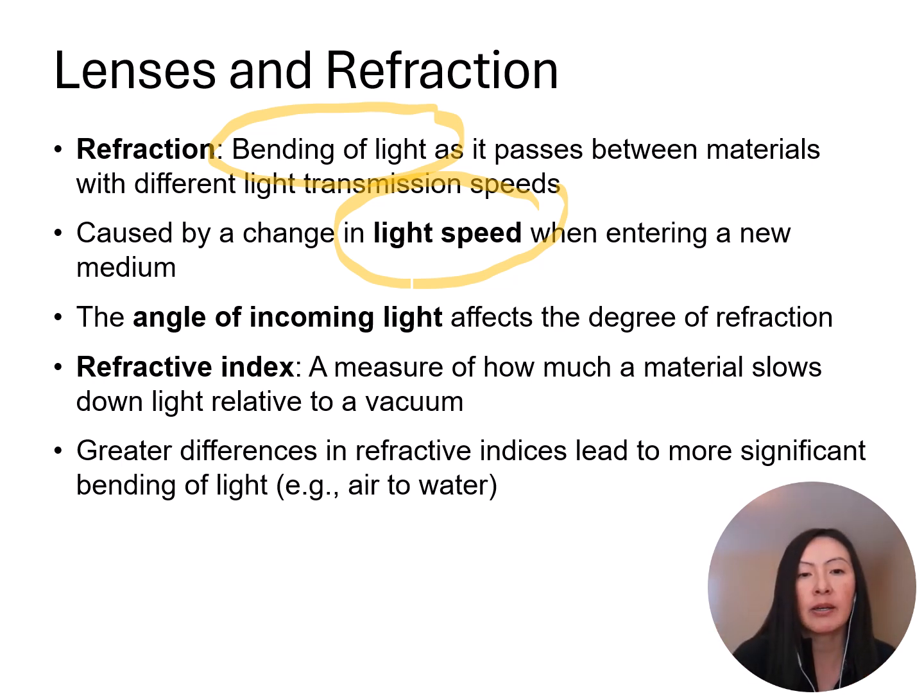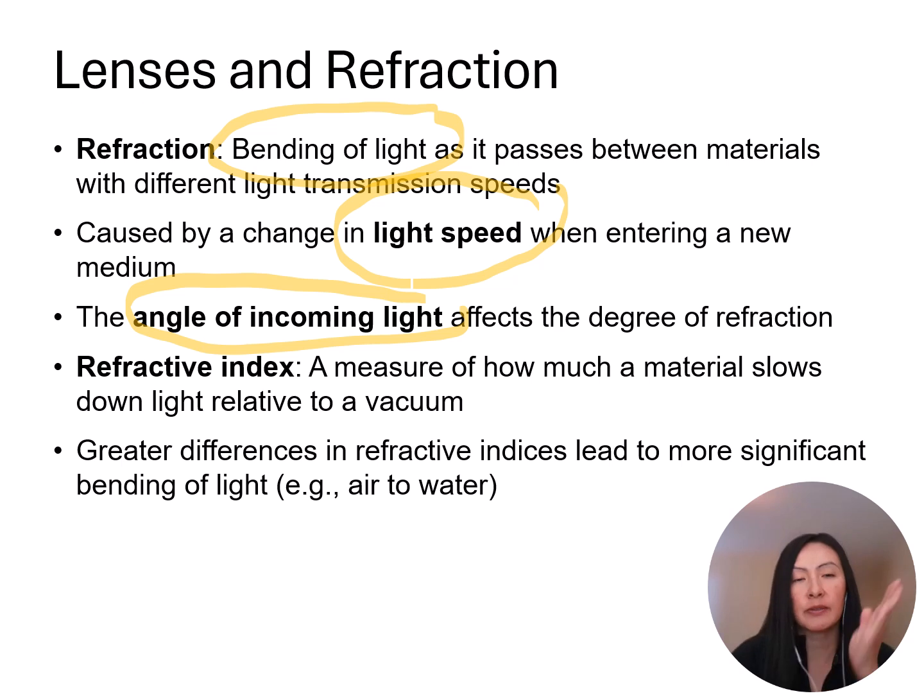All right, so how much the light bends depends on many things. It can depend on the angle of the incoming light. So if the light is incoming this way, that'll affect the bending as it passes through the next medium, or maybe if it's passing through this way, the bending will change as well. And how much light is bent depends on the refractive index of the object. And this tells us how much the light speed will slow down as it passes through that object.